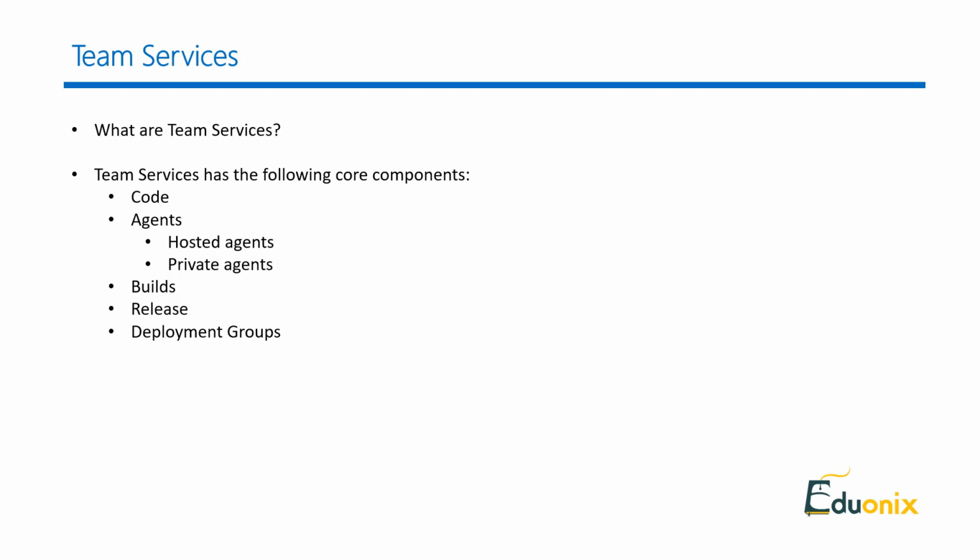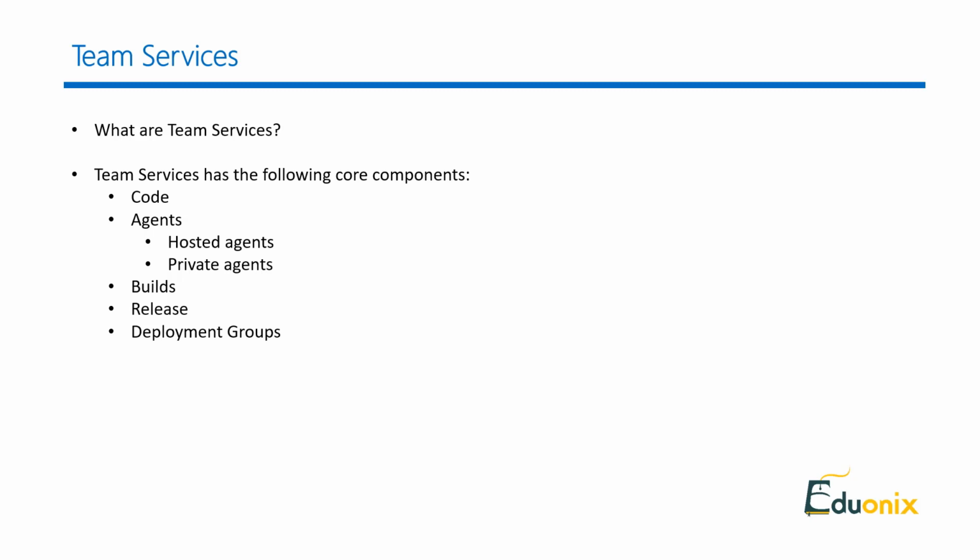And the last core component of Team Services is a deployment group. A deployment group is nothing but a logical set of deployment target machines that have agents installed on each machine. So a deployment group represents the physical environment such as dev, test, UAT, or production.